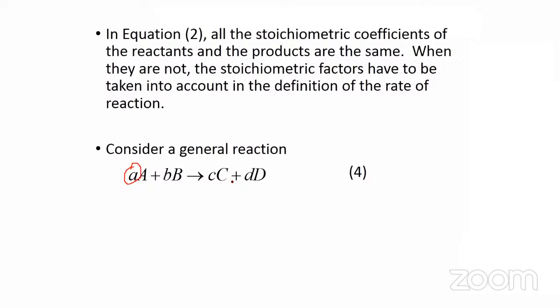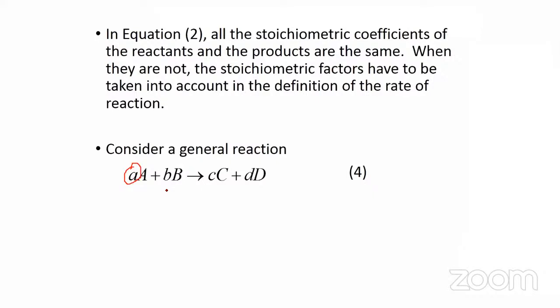The coefficient, again in school, you know what you understand by coefficient. The coefficient of capital A is lowercase a, capital B, lowercase b. So you take care of the stoichiometric factor, the coefficient of the reactant as well as the product.